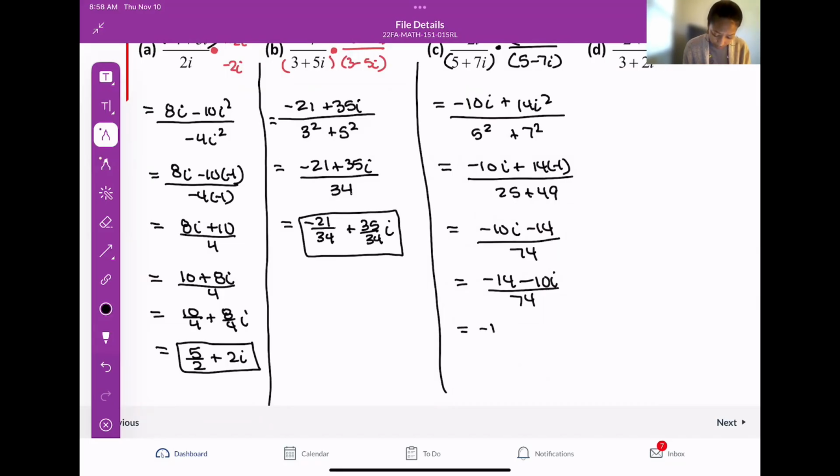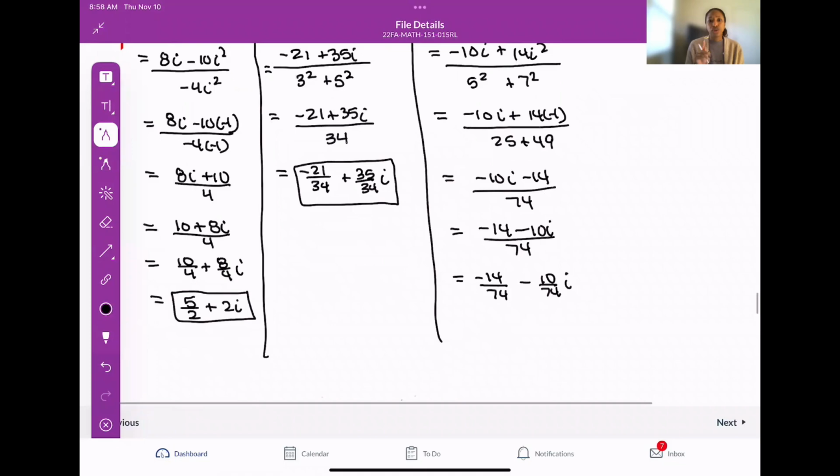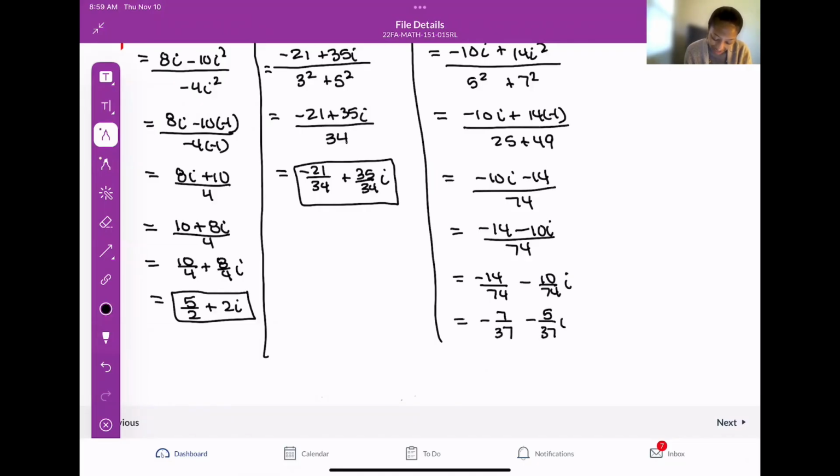So this is negative 14 over 74 minus 10 over 74 i. And you could have simplified before you broke it up, or before you rearranged the terms. So the simplifying and rearranging terms and breaking up into 2 different parts, you can do that in any order. I always just simplify last. All right, if we divide everything here by 2, we get negative 7 over 37 minus 5 over 37 i.